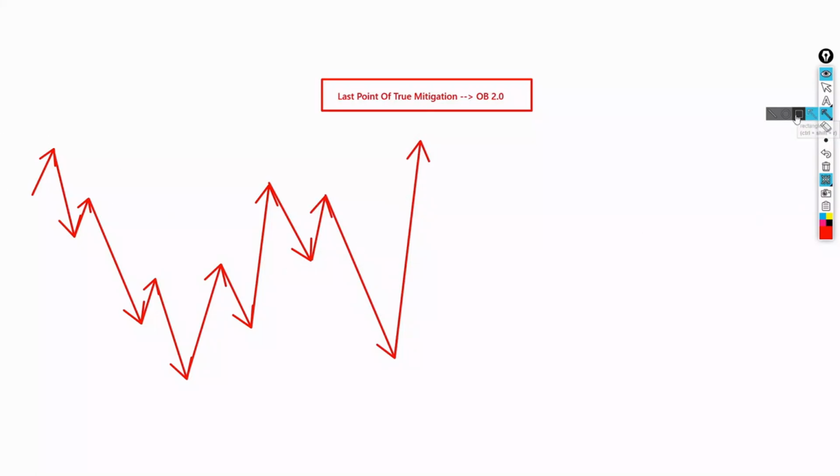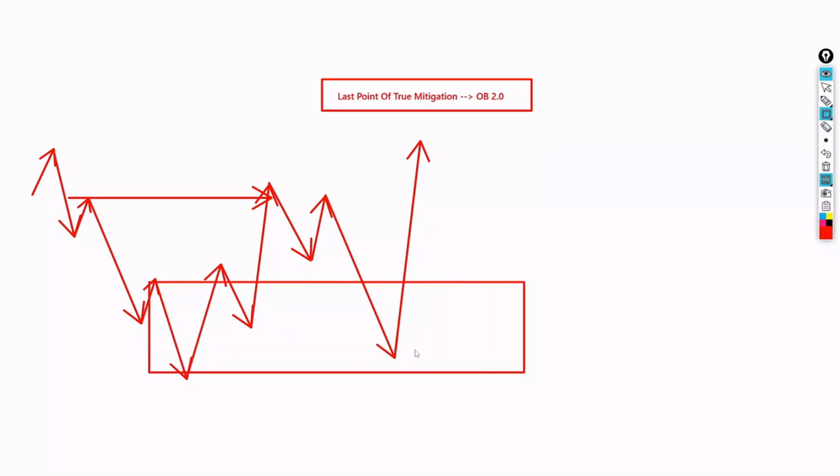Now you should understand at this point that this entire down move before the up move, and let me highlight that, is your order block, as we break structure over here. We leave behind that up move before the down move, and as you can see, price returns over here into that OB and moves higher, right?